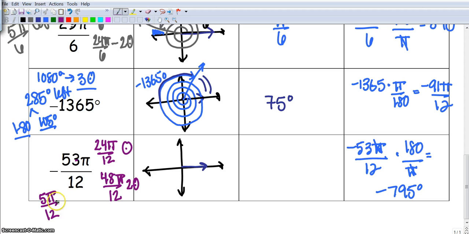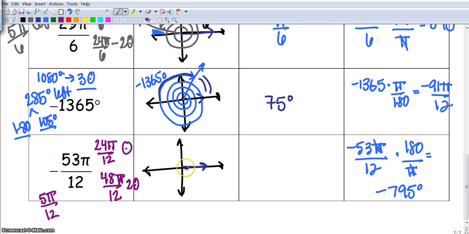Notice that this is a little less than 6 pi over 12, which is half of pi, or as we call it, pi over 2. Remember, pi is halfway around, so pi over 2 would be a quarter of the way around. We're going a little less than that.